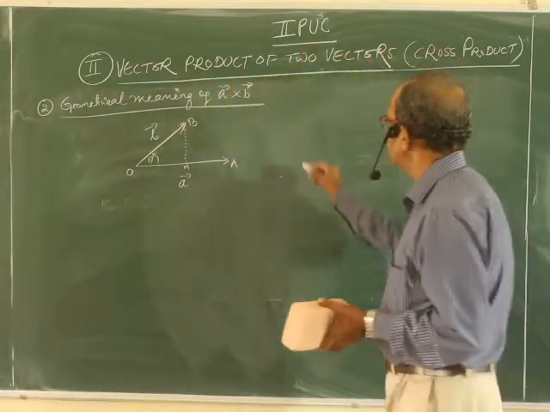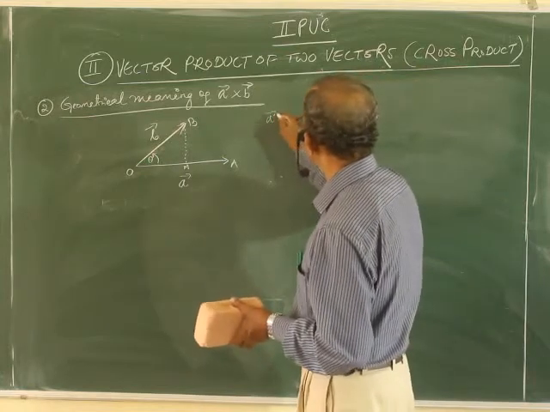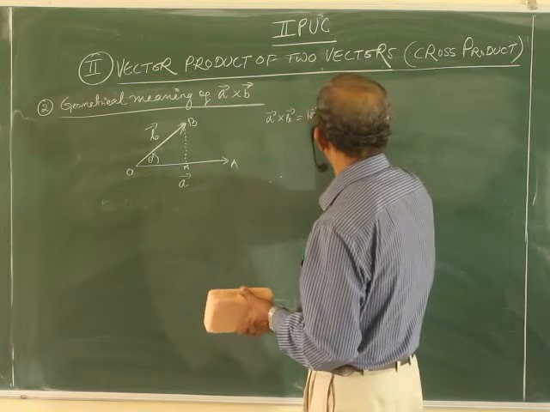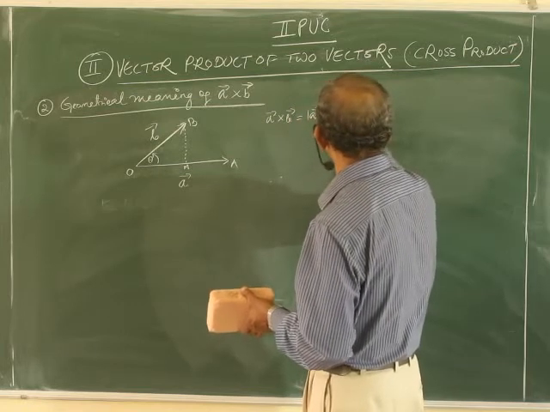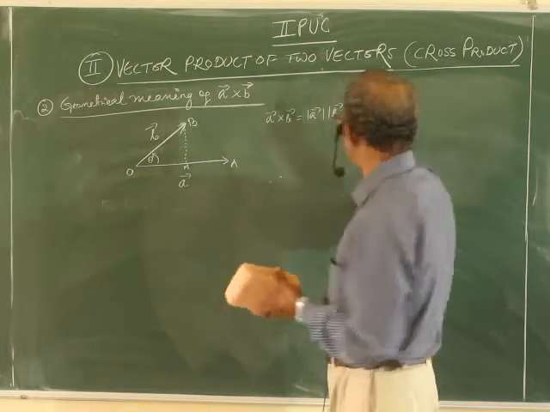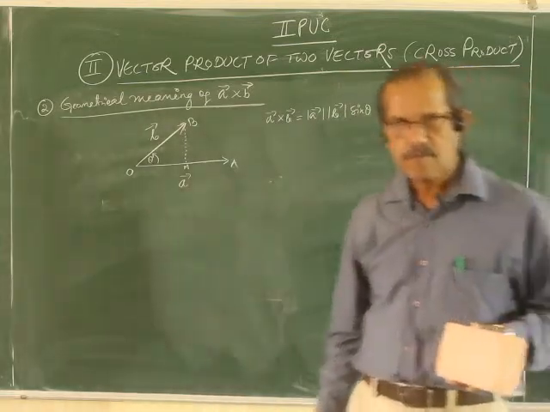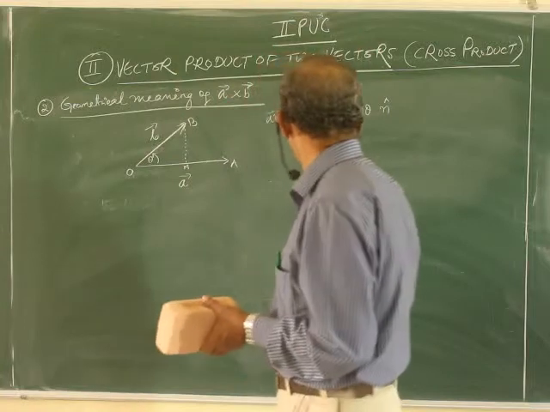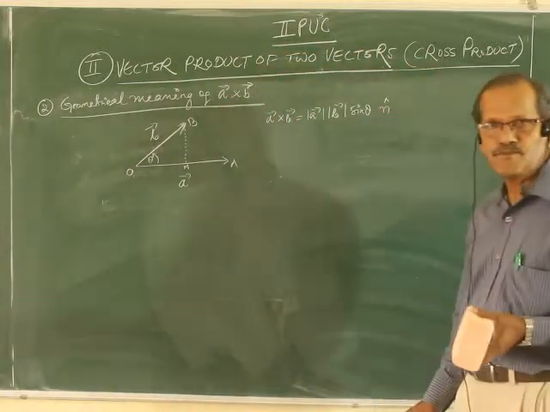Now A cross B equals mod A mod B sin theta into n cap. By definition, A cross B equals mod A mod B sin theta n cap.